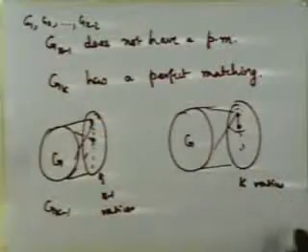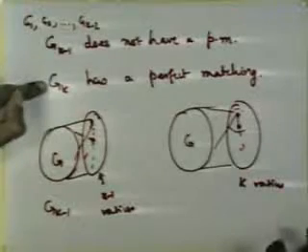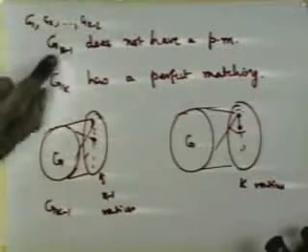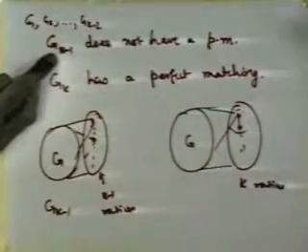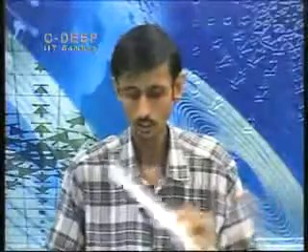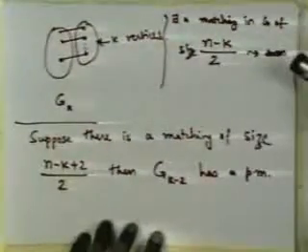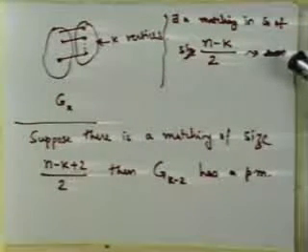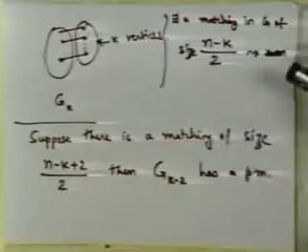We look at G1, G2 and so on, and we find the first graph Gk which has a perfect matching, which means G1, G2, G3 up to Gk minus 1 do not have a perfect matching, but Gk has a perfect matching. Then we claim that there is a matching in G of size (n minus k) by 2 and no larger. So the size of the largest matching is (n minus k) by 2.